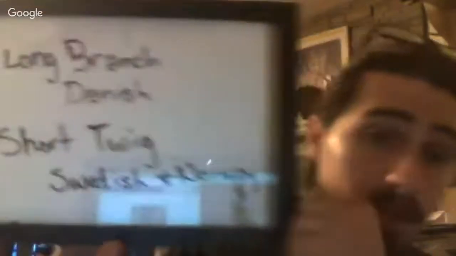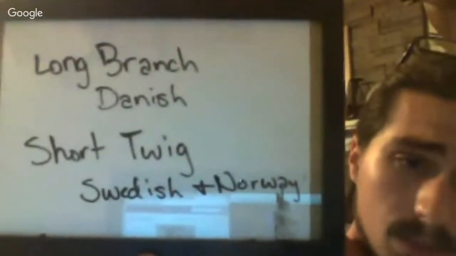Now, the names of the letters and the sounds they represent are the same in both the long branch and short branch. The primary difference is where they were used.